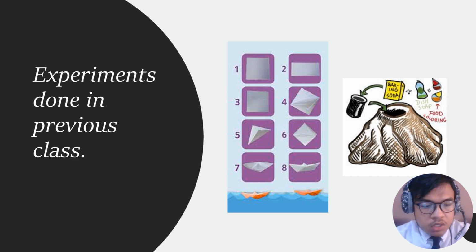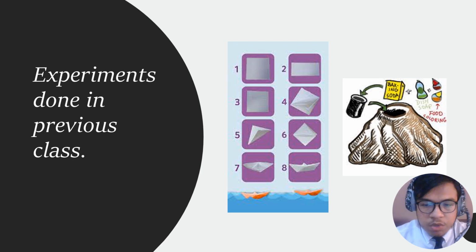Okay, to start this class, I would like you to think about the experiments we saw last class. In case you don't remember, here we can see some pictures with examples of the experiments done in the previous class.